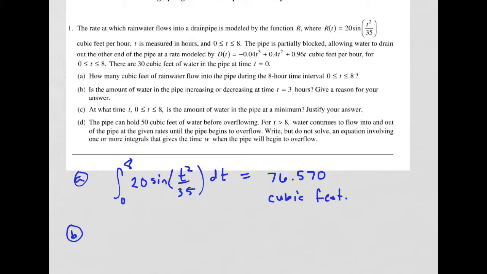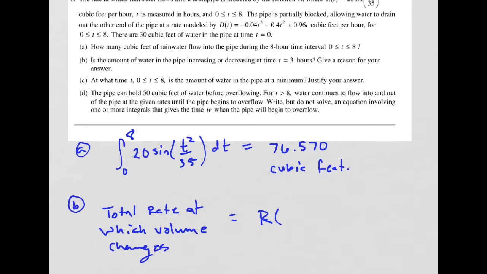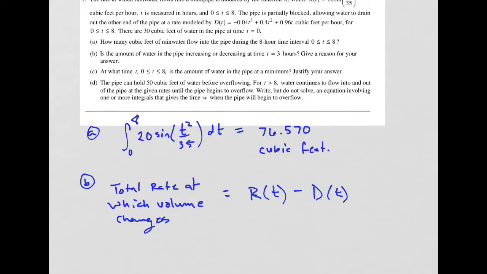However, there are two rates we're concerned with: the rate at which water is coming in and the rate at which it is coming out. So the total rate of change of the volume is R of T minus D of T. That's the derivative of the volume in the pipe.